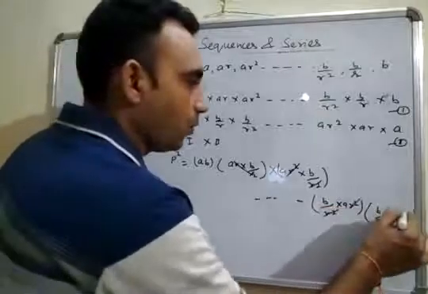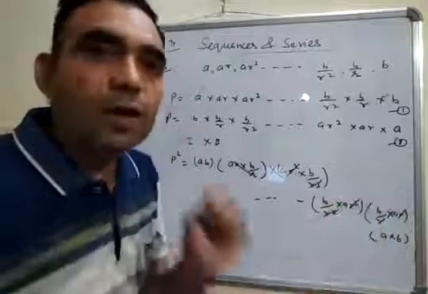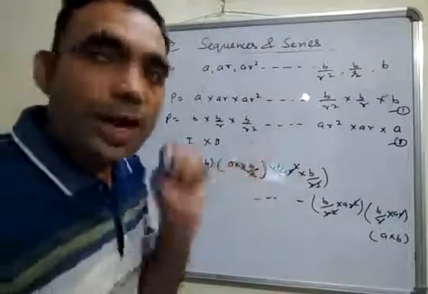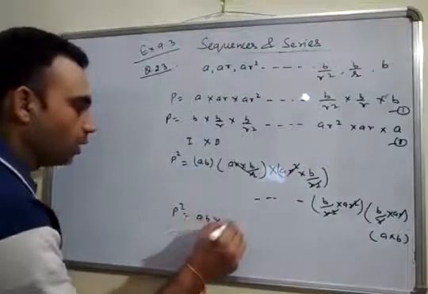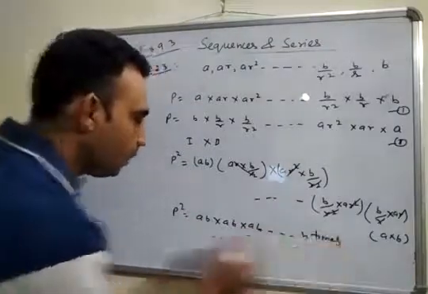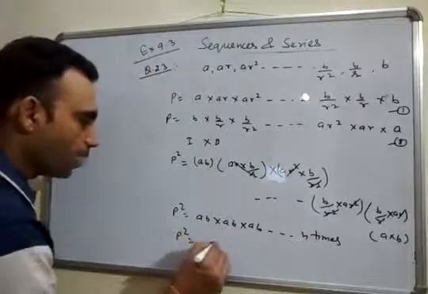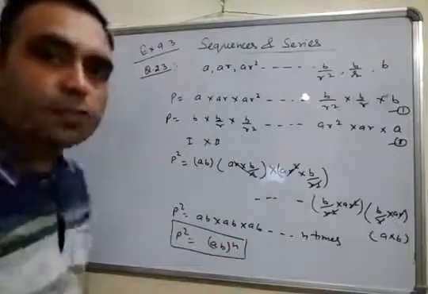So each term gives AB, and because the GP has n terms, AB will repeat n times. So P square is equal to AB into AB up to n times, which implies P square is equal to AB to the power n, which we had to prove.